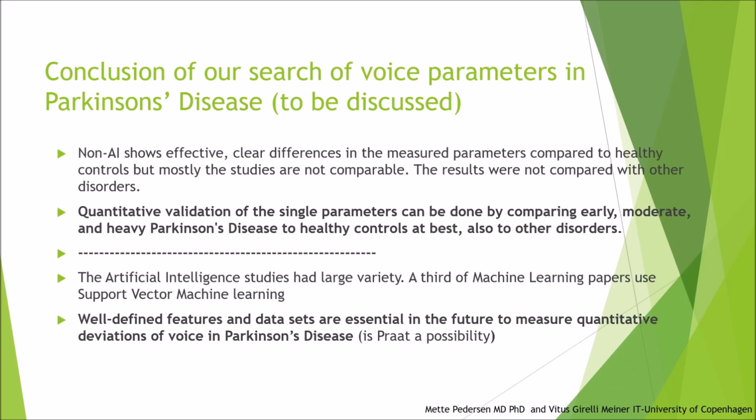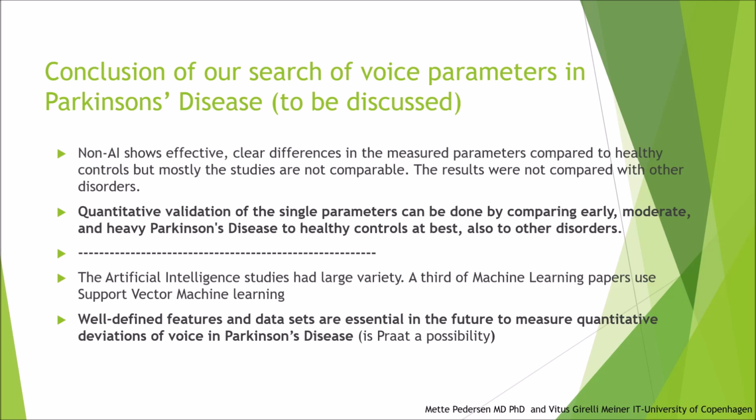Conclusion of our search of voice parameters in Parkinson's disease. Non-AI shows effective, clear differences in the measured parameters compared to healthy controls, but mostly the studies are not comparable. The results were not compared with other disorders.